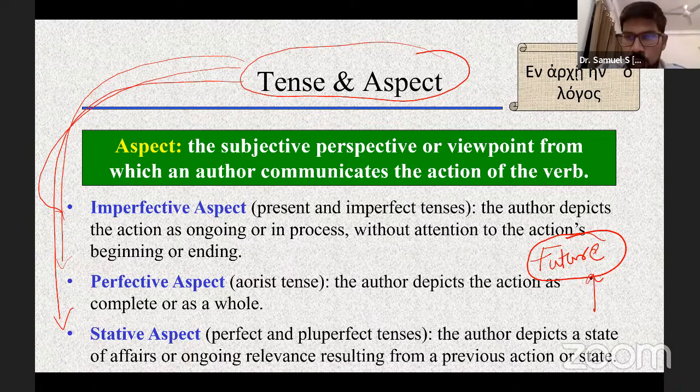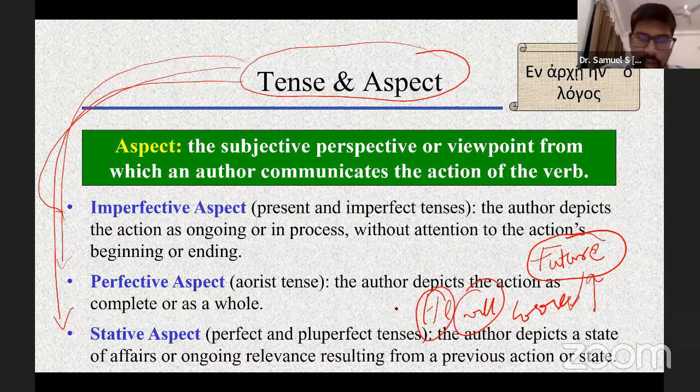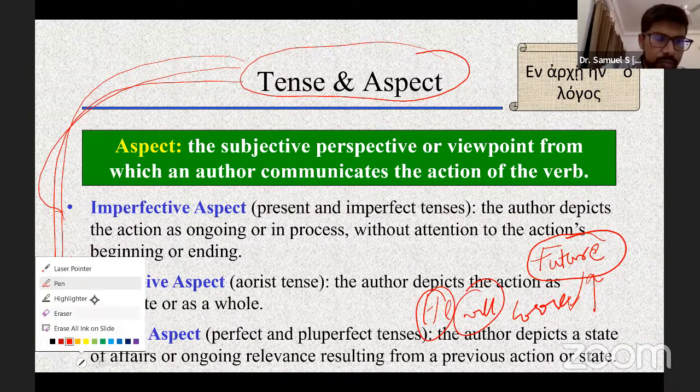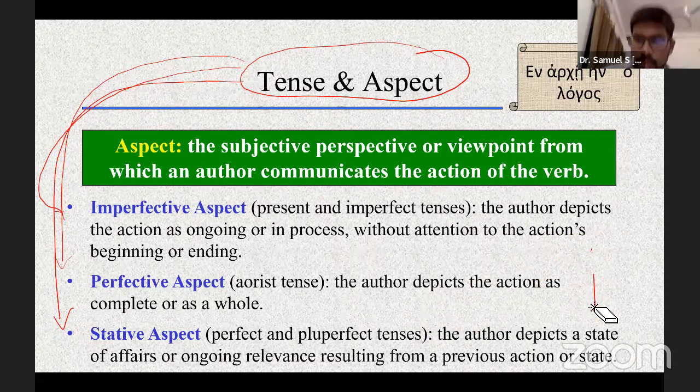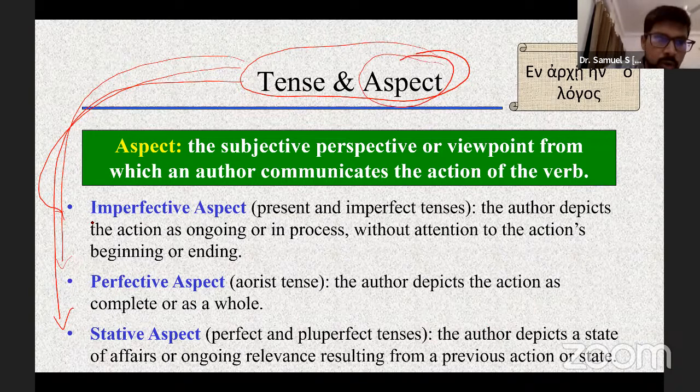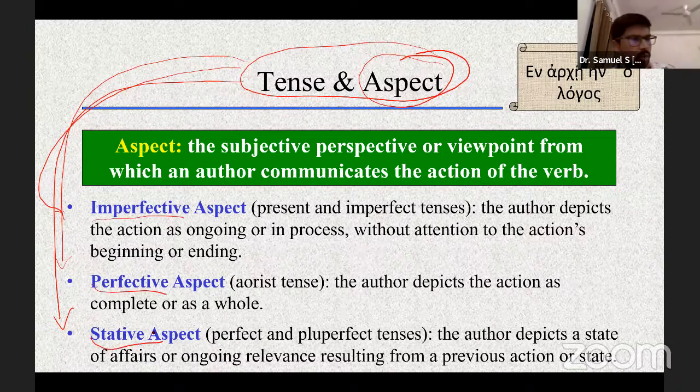For now, whenever we see the future tense form, we will just translate it as in the future. He will lose. And so there is the issue of time. Please reread this and do your very best to understand what aspect is and what the three aspects are. Let me pause for a second to see if there are any questions.